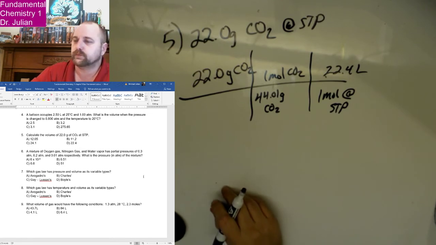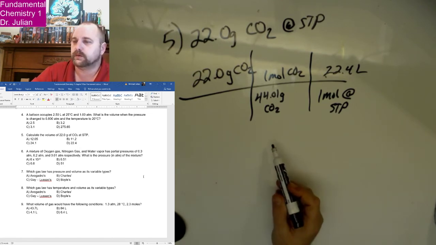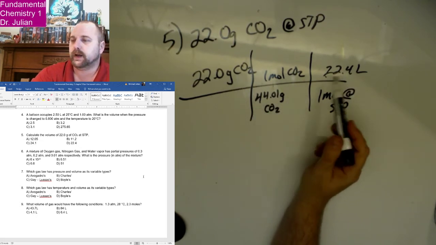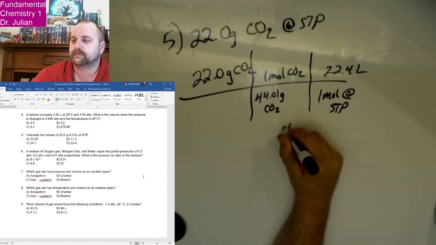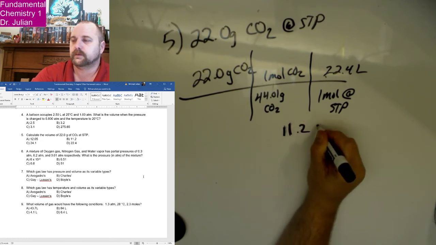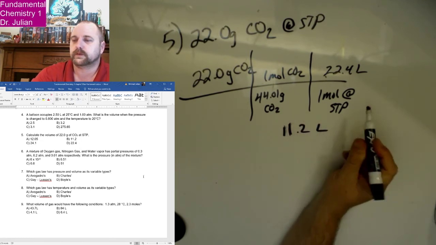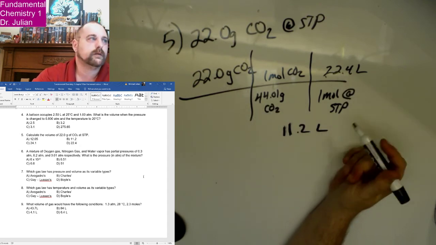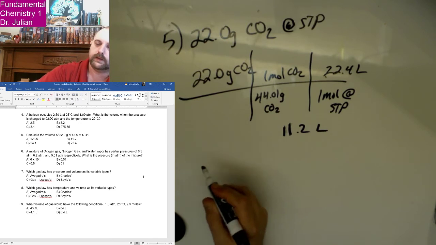It should have had units here, but it didn't. 22.0 is a half, and that's 11.2 liters. So that's a half times 22.4. It'll be 11.2.